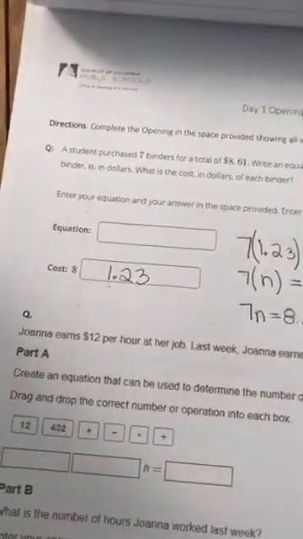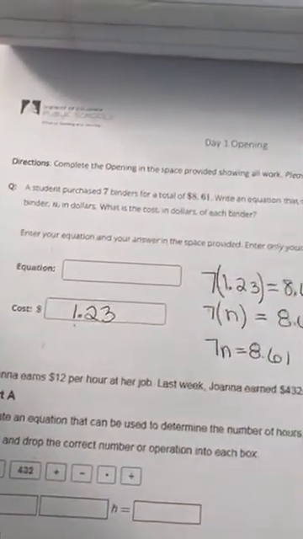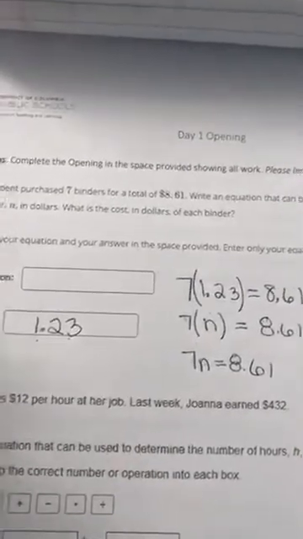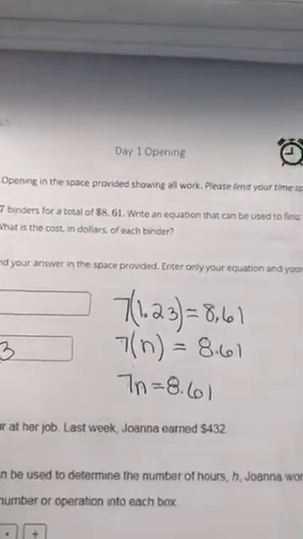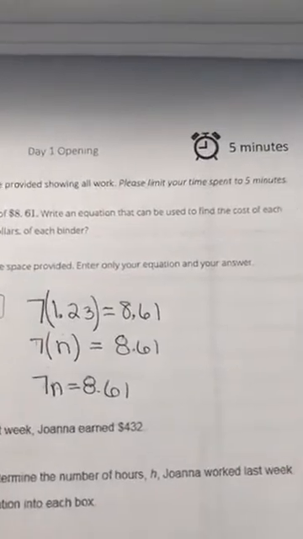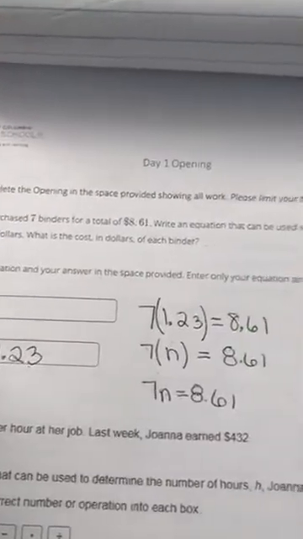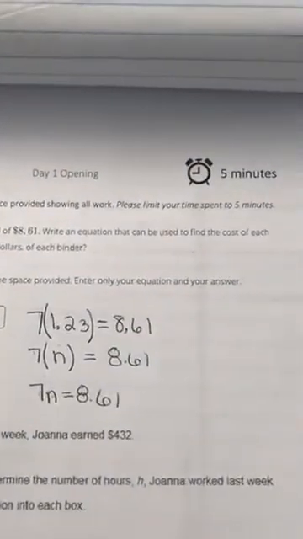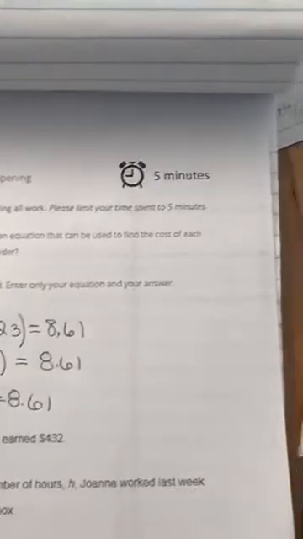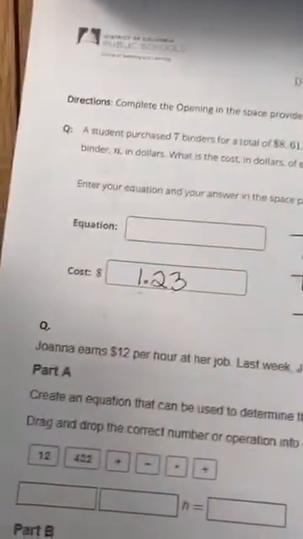Next one. Joanna earns $12 per hour at her job. Joanna earns $432. Create an equation that can be used to determine the number of hours H Joanna worked last week. Okay?